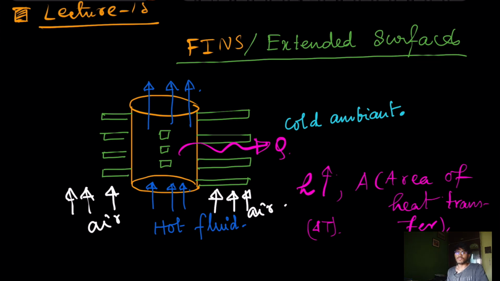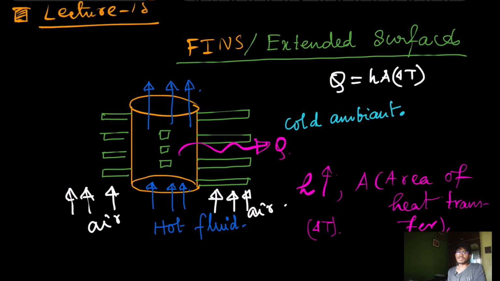Then it is forced convection and the h will increase. Thus you can play with h to augment your heat transfer. Now what if you extend the surface area? Then also your heat transfer will increase, because Q equals hA delta T. So either you increase h or you increase A.